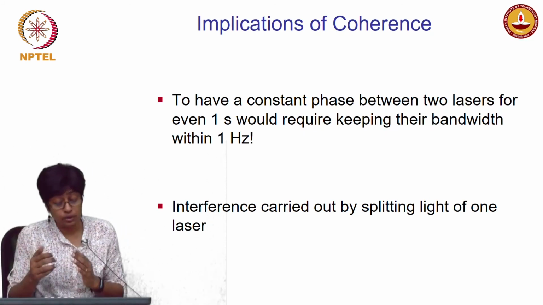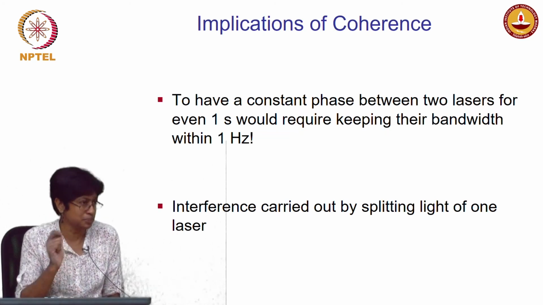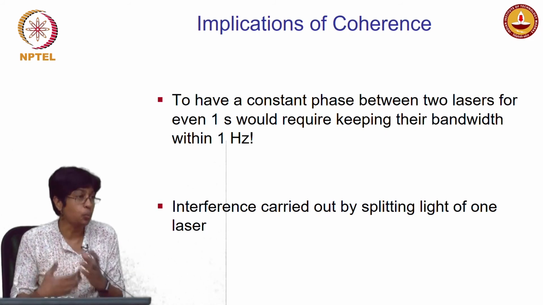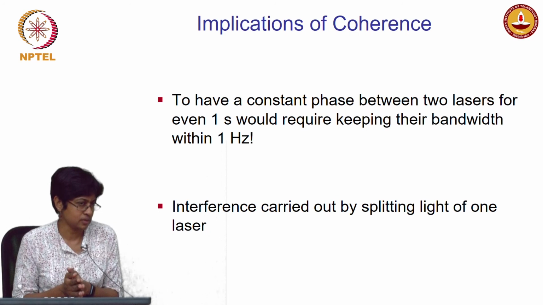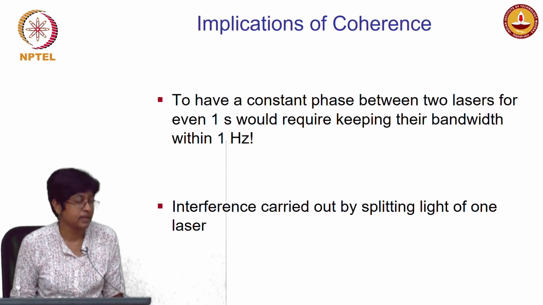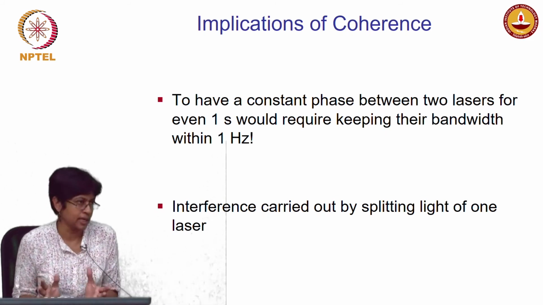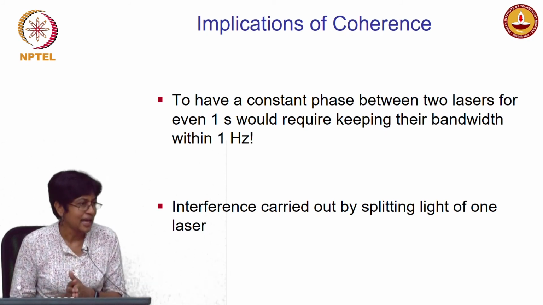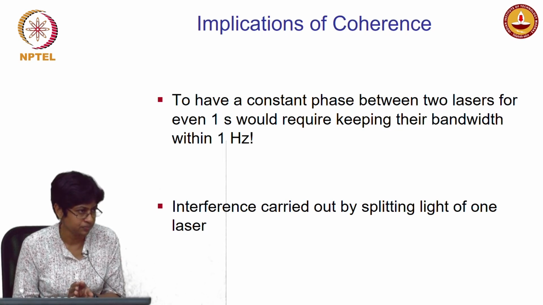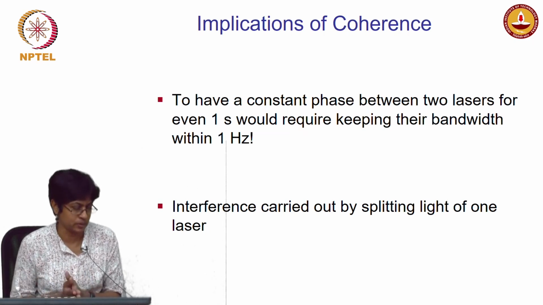And therefore, you always do interference by taking a single laser source and splitting it, and even there you have some constraints on when you will see interference, depending on the spectral bandwidth of your source, and of course the size of your source. But in most of the applications that we will look at, we will be talking about lasers, and so we will assume that the source has very good spatial coherence, and the temporal coherence is limited by the bandwidth, okay.